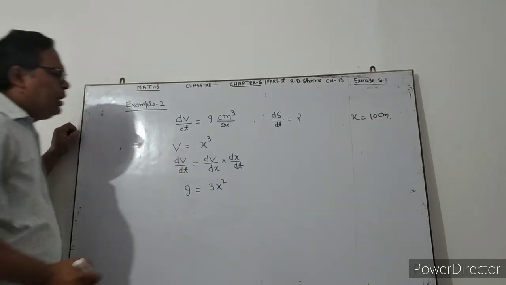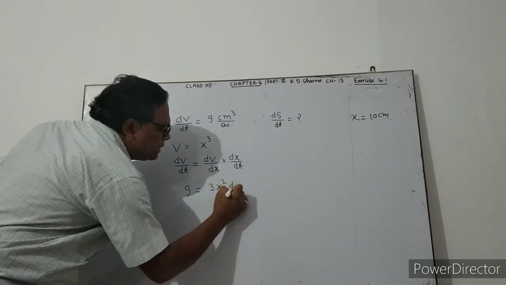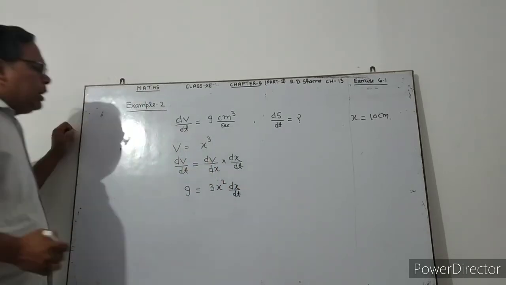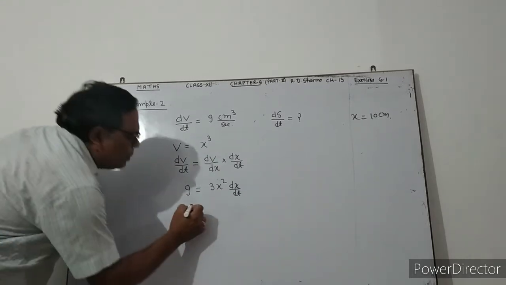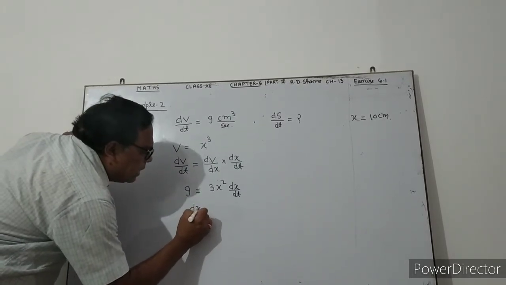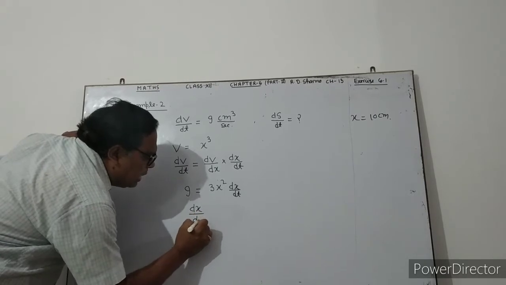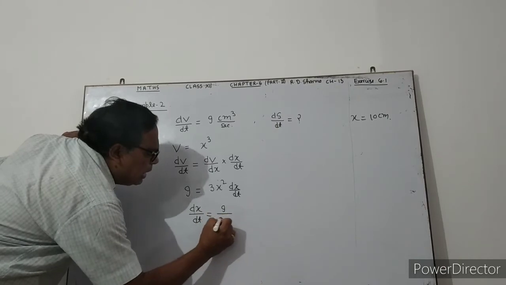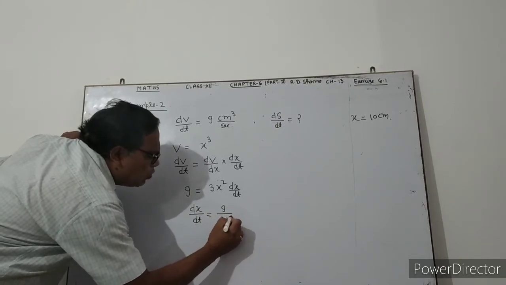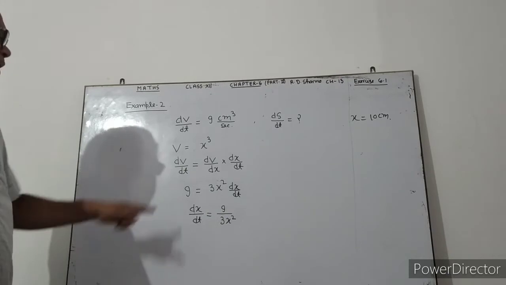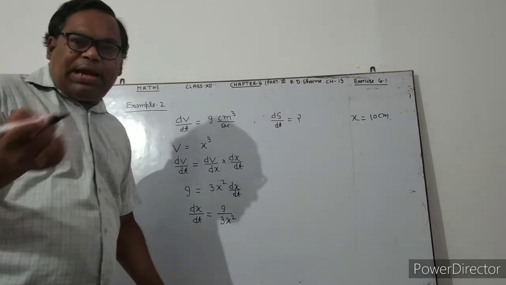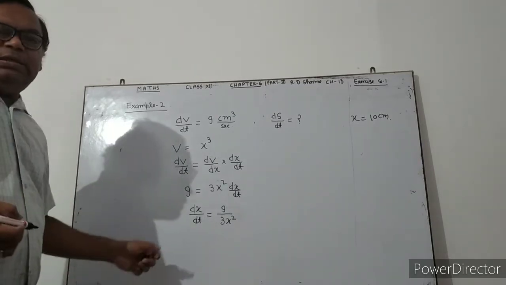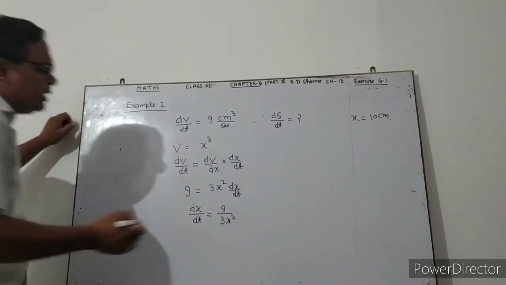Now the dx upon dt is 9 upon 3x square. The dx upon dt is the rate of change in the length.